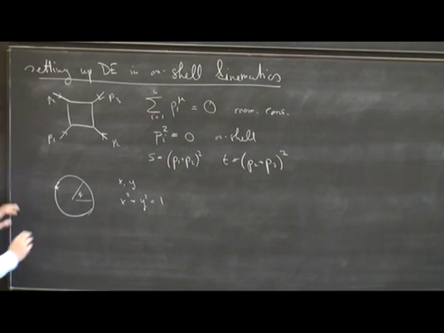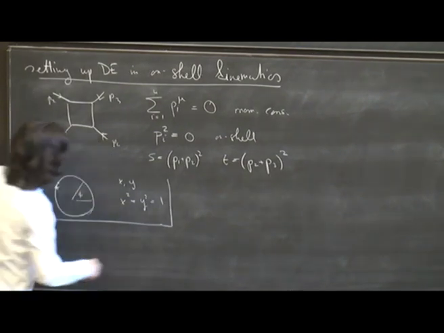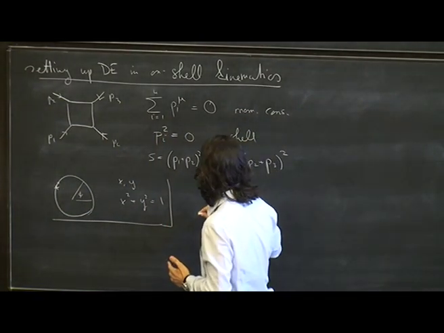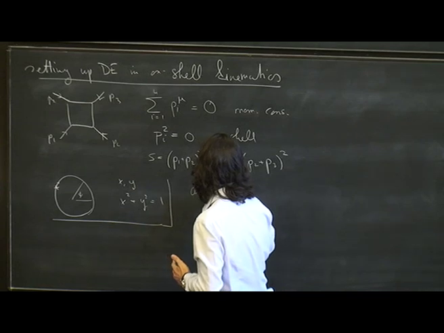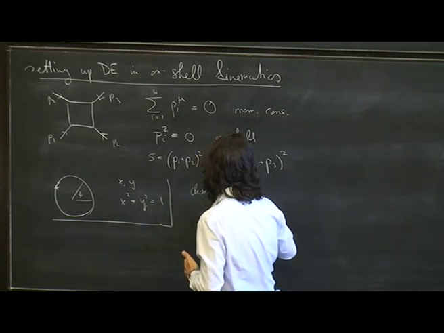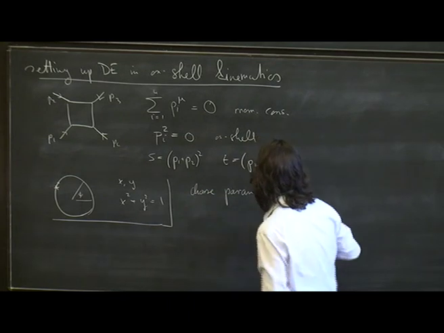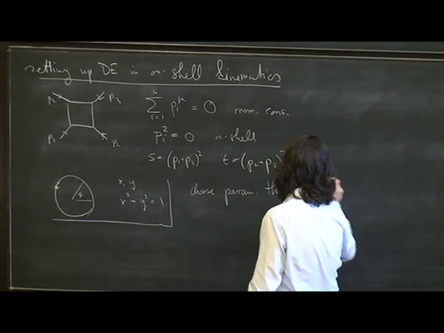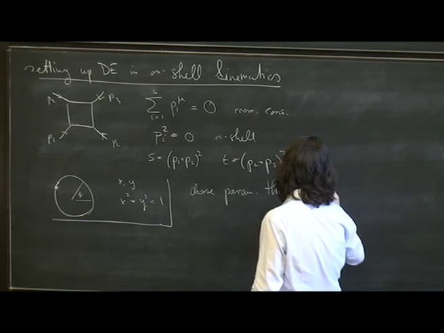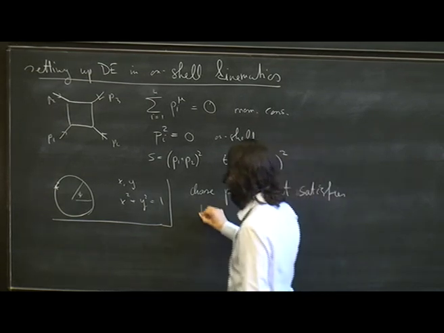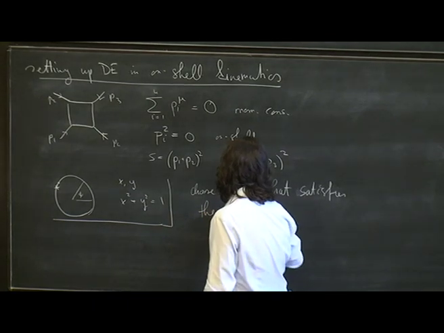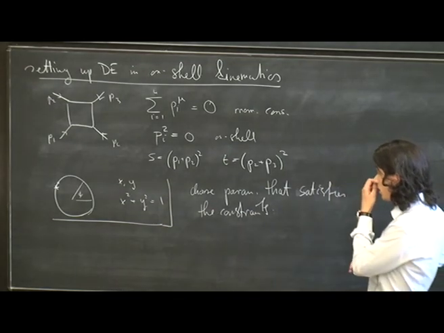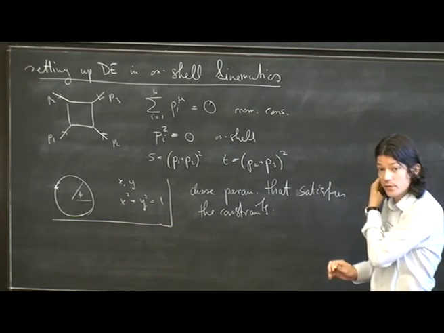So that is the problem. Now, as I said, one possibility would be to choose a convenient parameterization that removes the constraints, or that automatically satisfies the constraints. And this is not obvious, but in fact here this is possible.